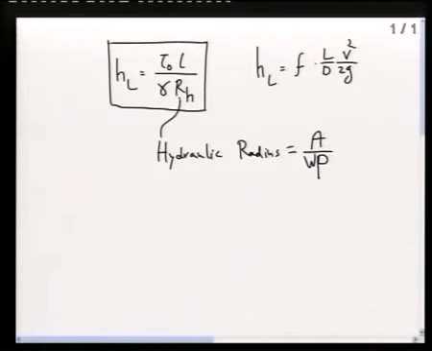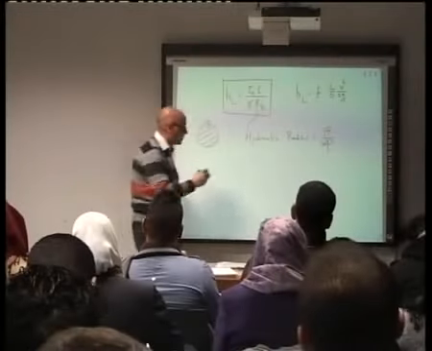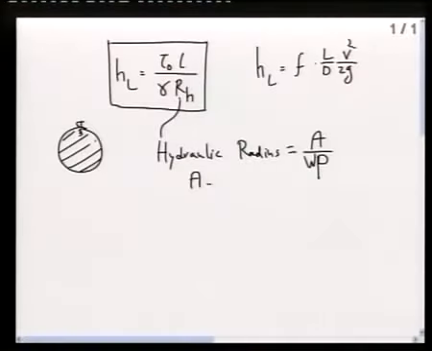For example, if we say this is a pipe, a circular pipe, and it is completely full of water. So what is the area of the flow? It's the area of flow, not the area of the pipe.